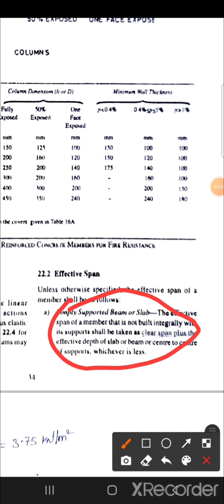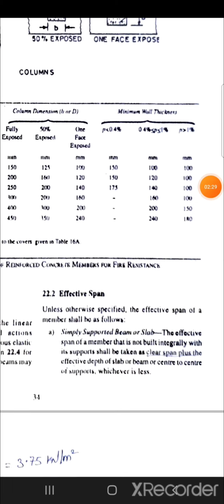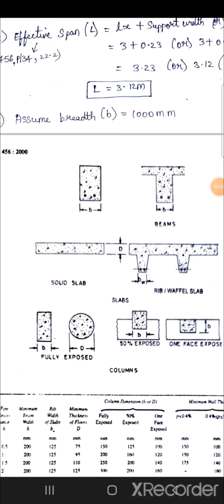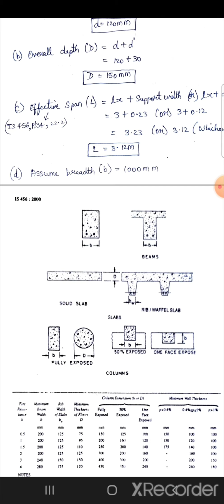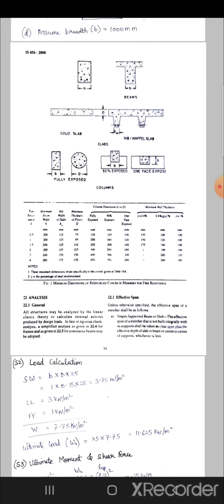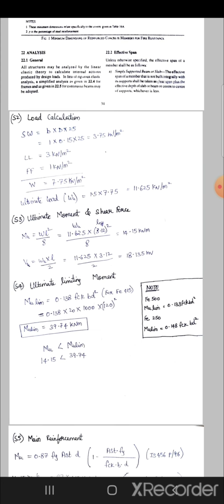According to this, we calculate effective span. Here 3.12 meter is lesser, we take this as effective span, and breadth of slab is always assumed as 1000 mm. Next step is load calculation.